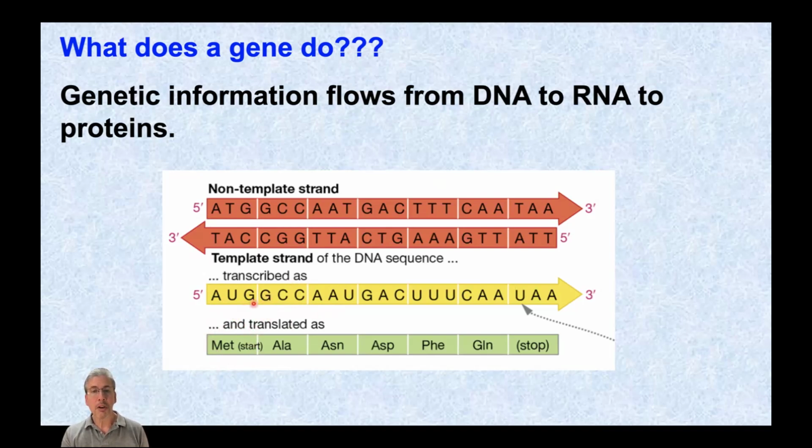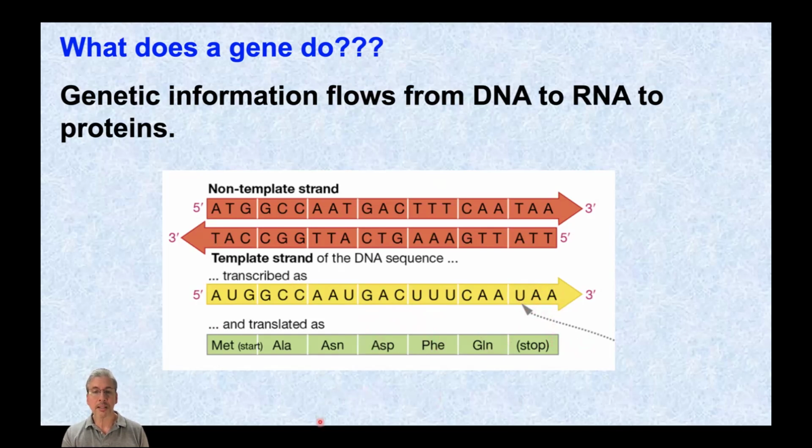In other words, from there on out, every sequence of 3 bases represents a codon. So in this case, GCC is one codon, AAU is another codon, and you keep going and keep producing amino acids until you encounter one of these so-called stop codons. UAA happens to be one of these stop codons.